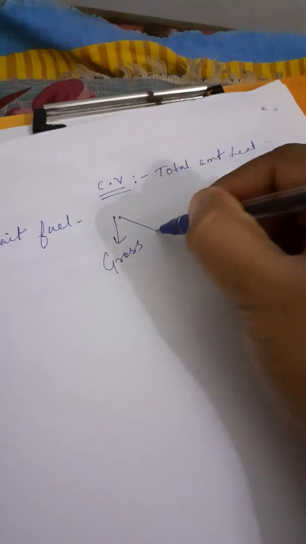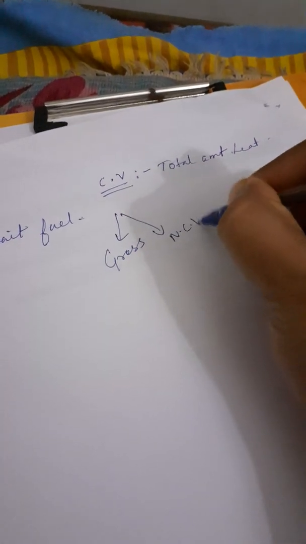Now we have two types of calorific value, that is, one is called gross calorific value and another one is net calorific value. Now what is this gross calorific value?